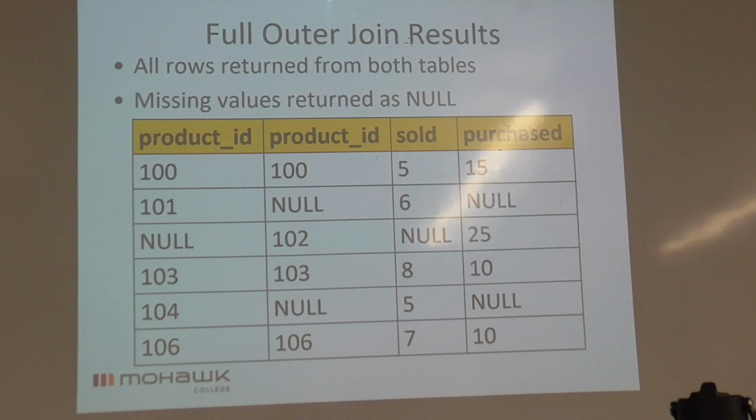If the number of entries in table A is n, and the number of entries in table B is m, how many entries do you have in this table at maximum? N plus m, that's right.